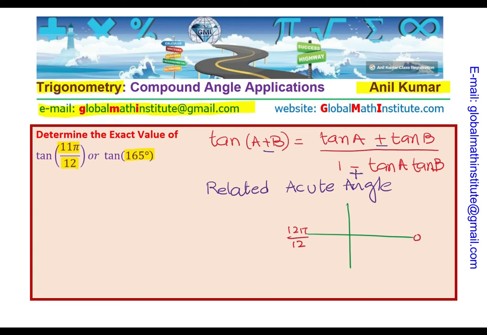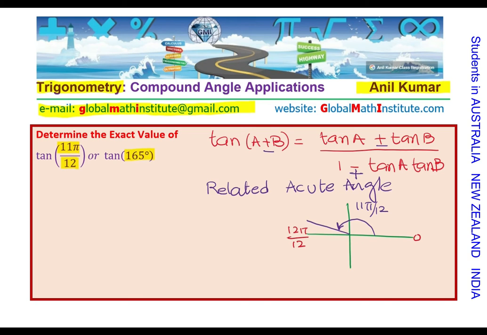When I say 11 pi by 12, we're talking about this principal angle. As you can see here, the related acute angle is only how much? Pi by 12. So if I look in quadrant 1, that will be pi by 12.